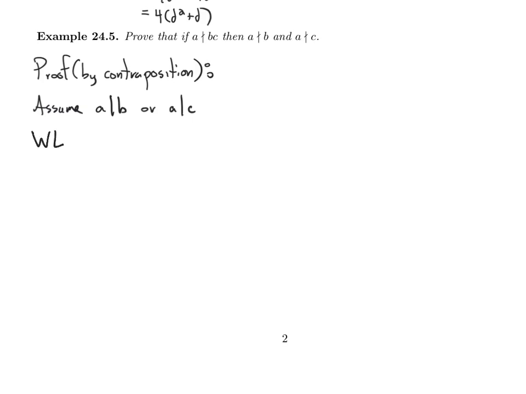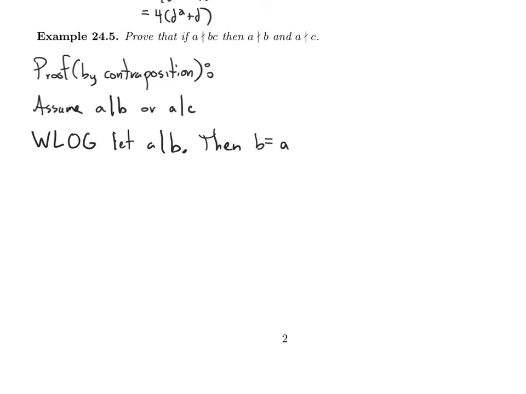So without loss of generality, let A divide B. Then what does that mean? Well, we can write B as A times C. We're already using C, so better not use that again.